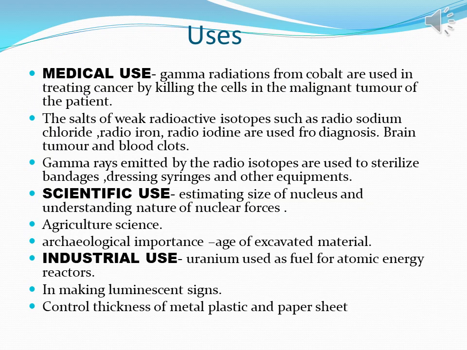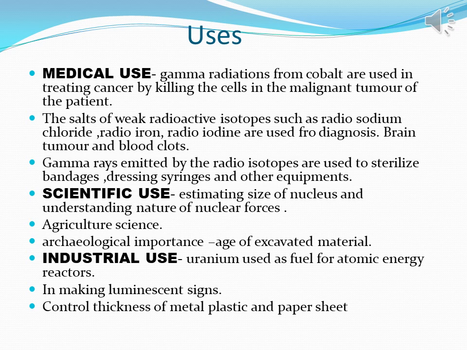Uses of radioisotopes. The isotopes of some elements with atomic number less than 82 are also found to be radioactive, and they are called radioisotopes. The very first use is in the medical field. Gamma radiations from cobalt-60 are used to treat cancer by killing the cells in the malignant tumor of the patient.